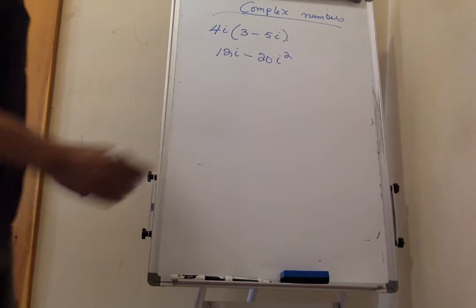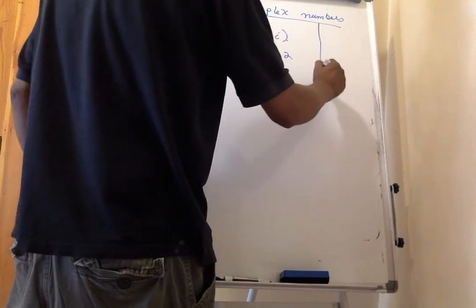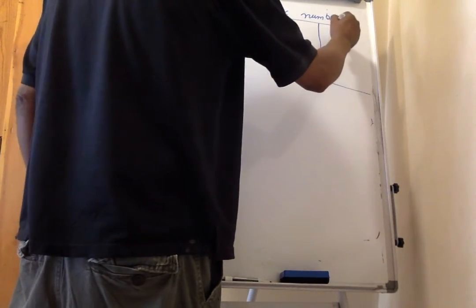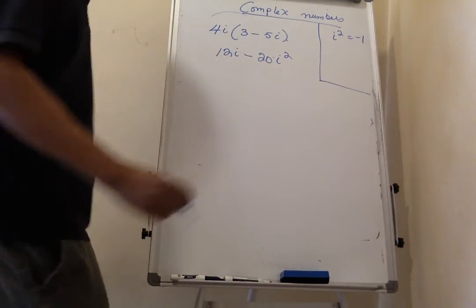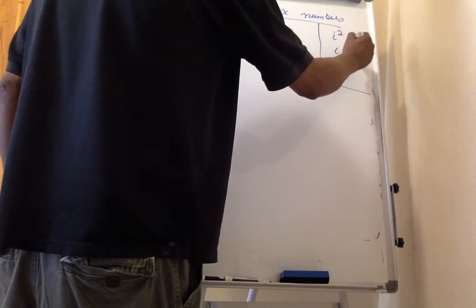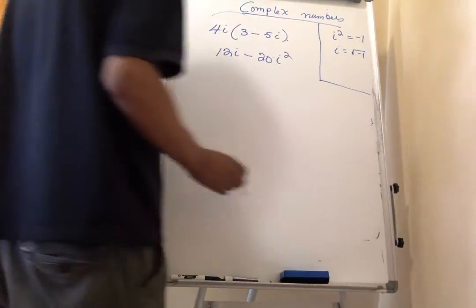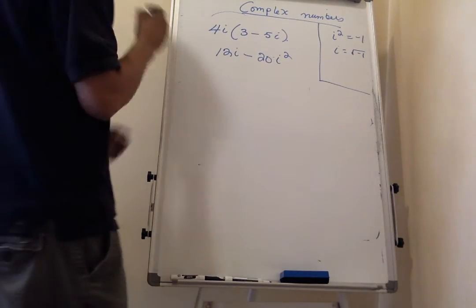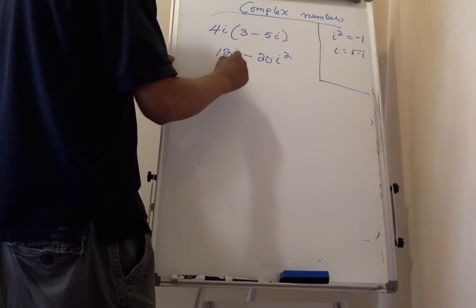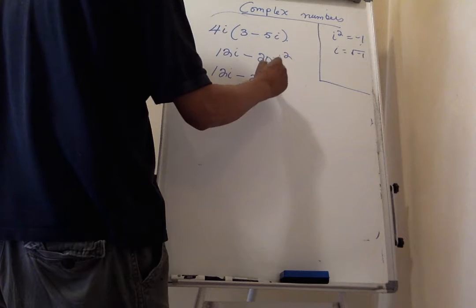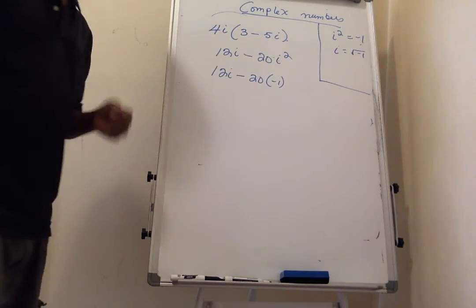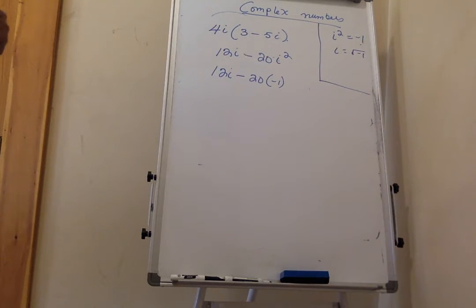Okay. Now, you know, in our discussion, i squared is negative 1, right? And i is the square root of negative 1. Here we have i squared. So I'm going to rewrite this: 12i minus 20, oh, my i squared is negative 1. So instead of i squared, I bring down negative 1, because negative 1 is a real number.